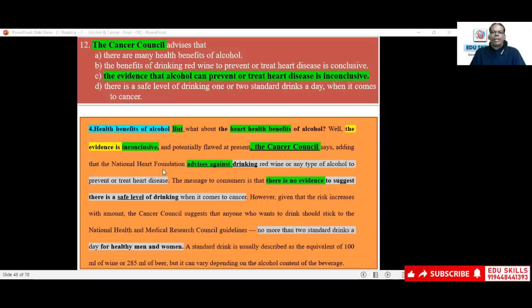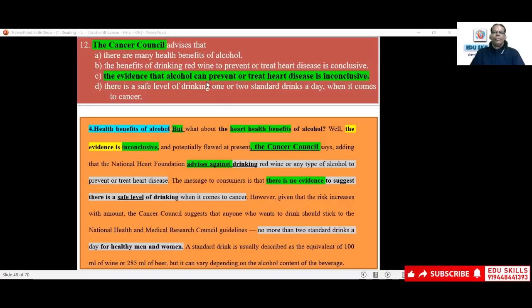After a comma, they have given saying that adding that the National Heart Foundation advises against. It's not the Cancer Council advising, it's the National Heart Foundation advising. That's the B option. So probably it's possible that you will choose this one. So be sure when there are two names, this is the same trick followed in all the texts of OET. So if there are two names, make sure which particular name is giving that advice or suggestion.